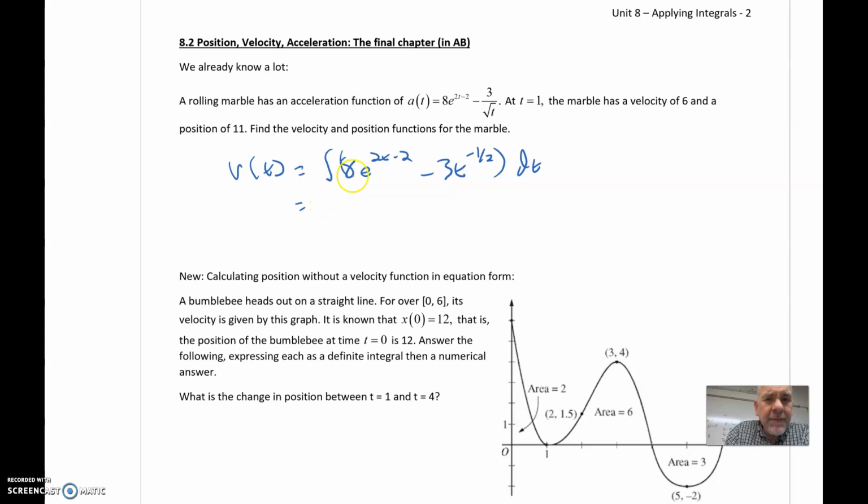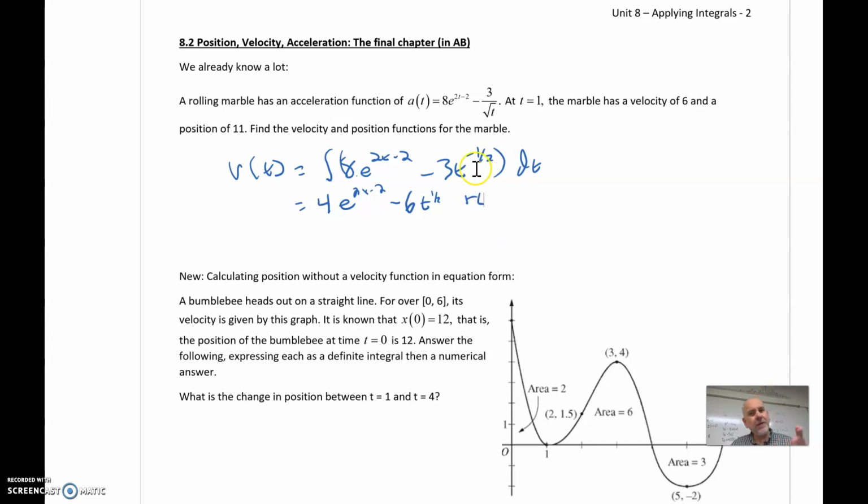The 2 is going to be eaten up by the integral, so it's going to be 4e^(2t-2). And then t to the 1/2, and bring the reciprocal down, so it's minus 6. Derivative of that, checking, it looks good, plus c.